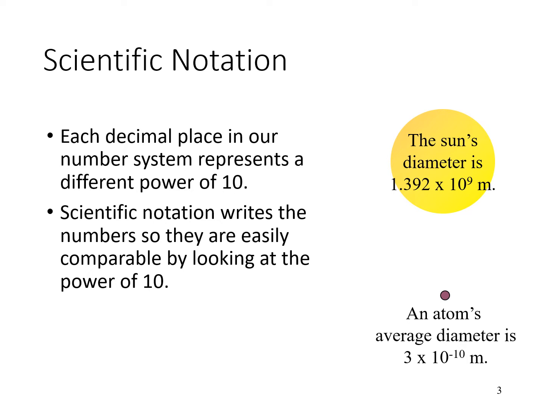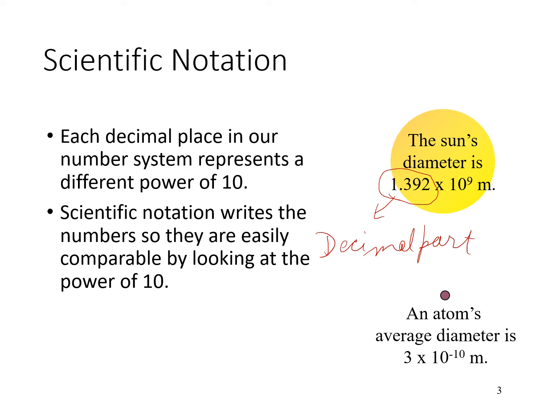Scientific notation always consists of two parts. The first part is called the decimal part, which is this number right here, essentially just a standard number like we write down. The only important thing is that the decimal place here is always going to be after the first non-zero number.